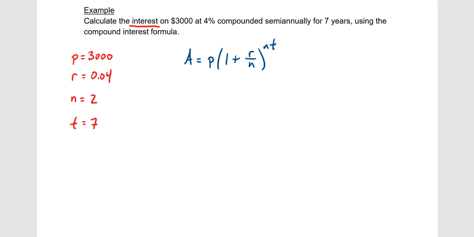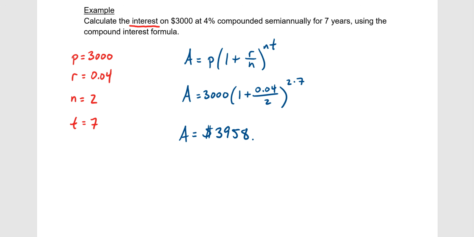And let's go ahead and plug everything in. The total amount in the account after 7 years is going to be 3,000 times 1 plus 0.04 divided by 2 raised up to the 2 times 7. And plugging this in the calculator, we should end up getting about $3,958.44.